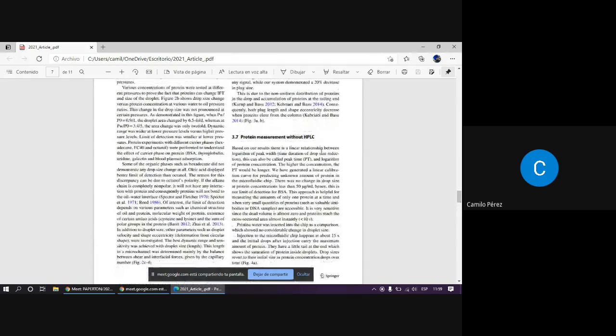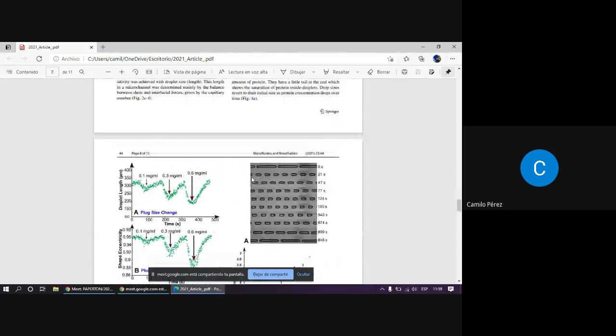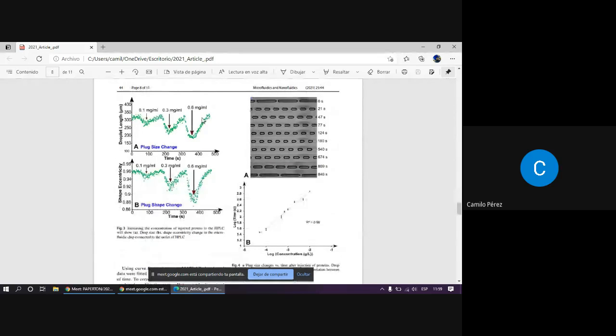After the classification, when we make droplets in the normal experiment, this effect depends on the flow rate. But in this case, it depends on the concentration and type of protein, right?